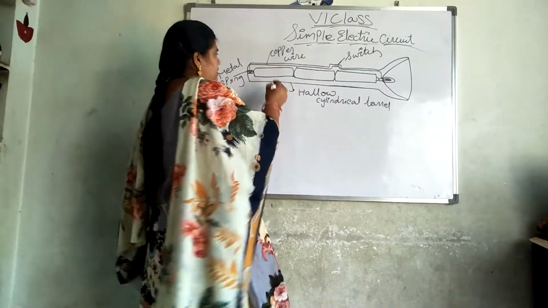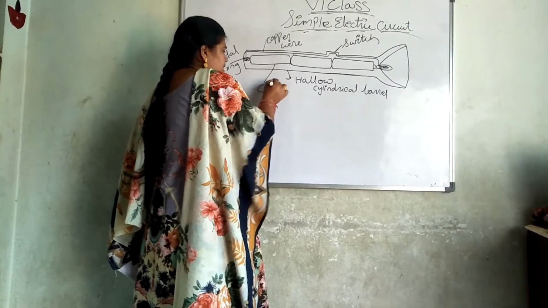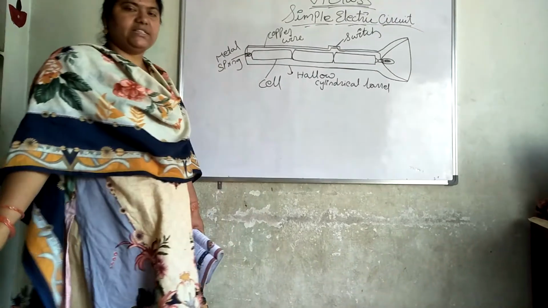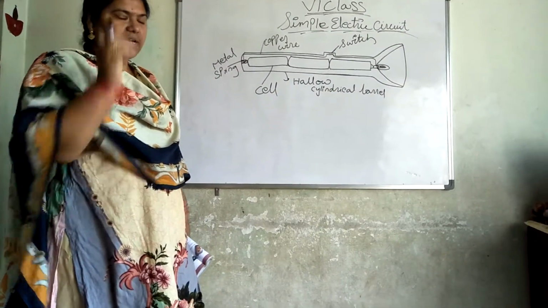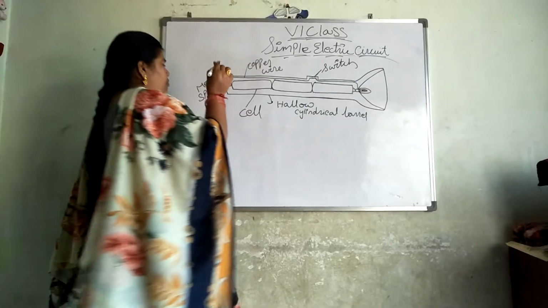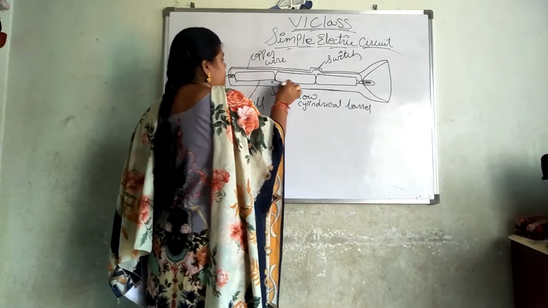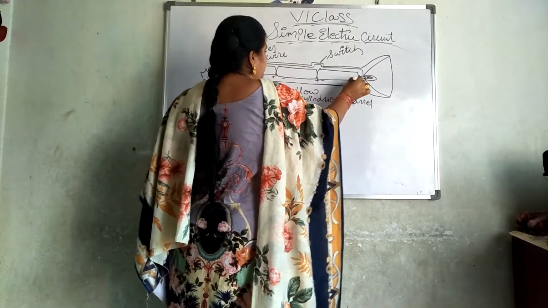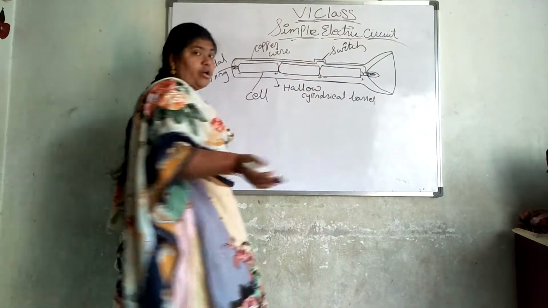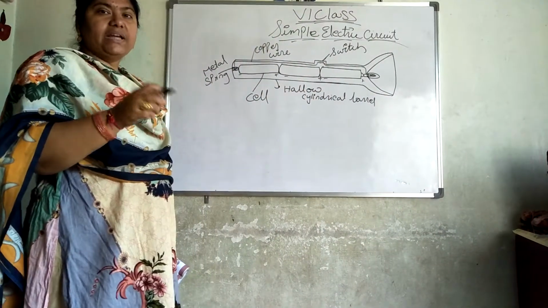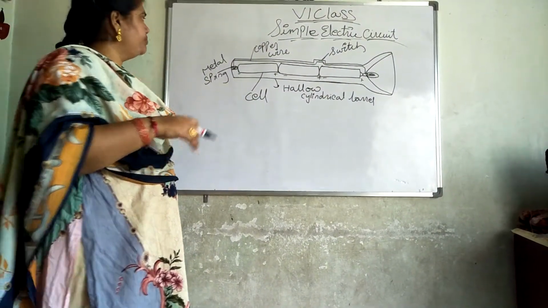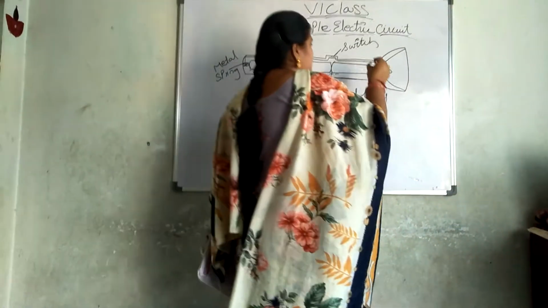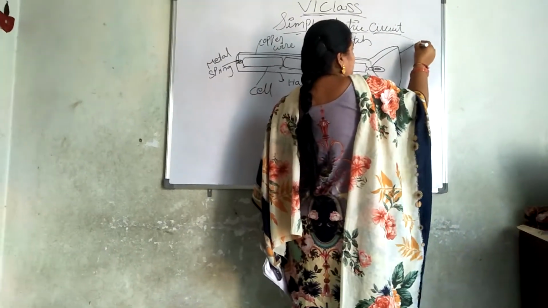Next, these are the cells which we place in the back. We know that we place them positive, negative, positive, negative, like this, then only we can see that the torch will glow. Now the next part is the glass chamber.